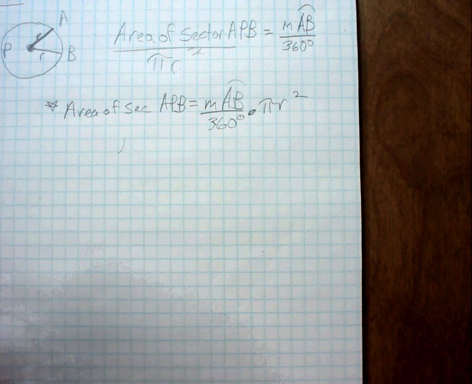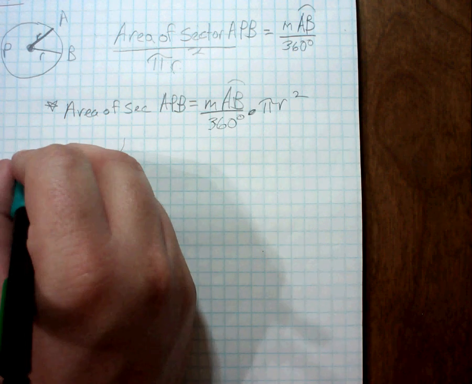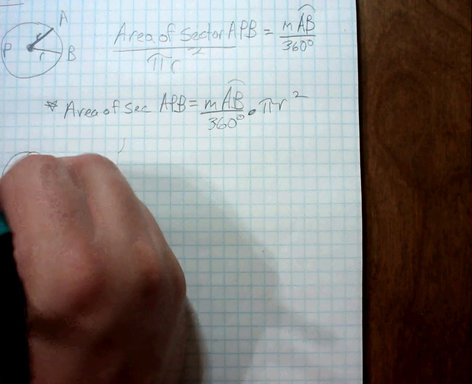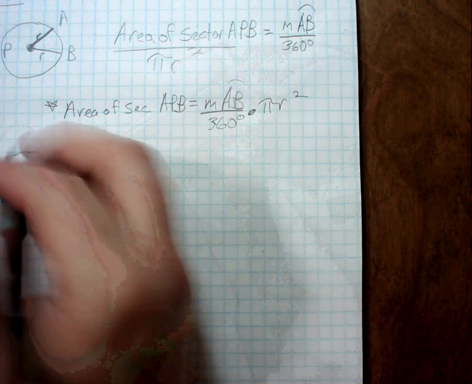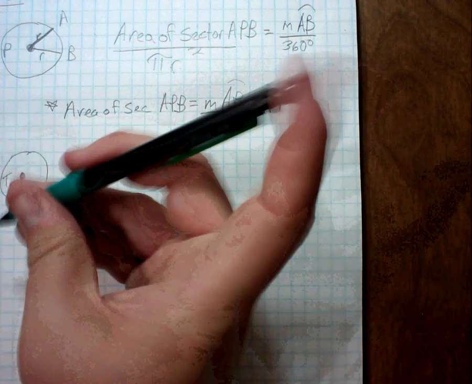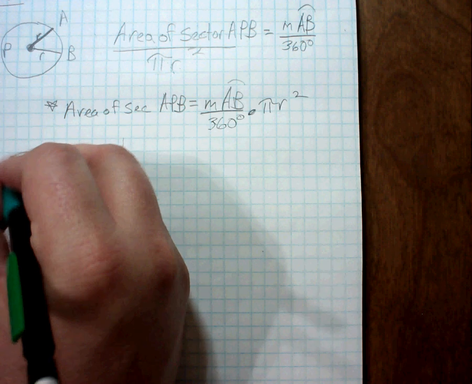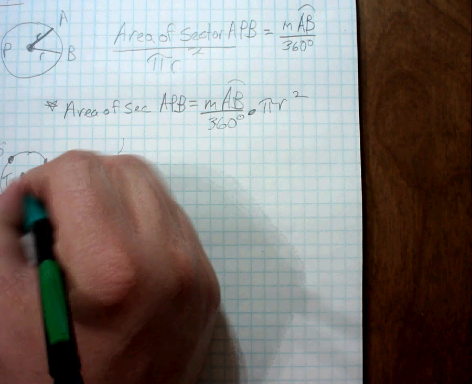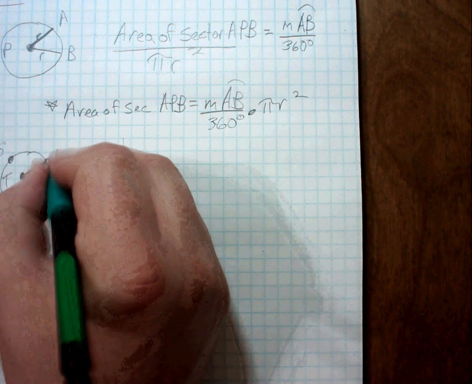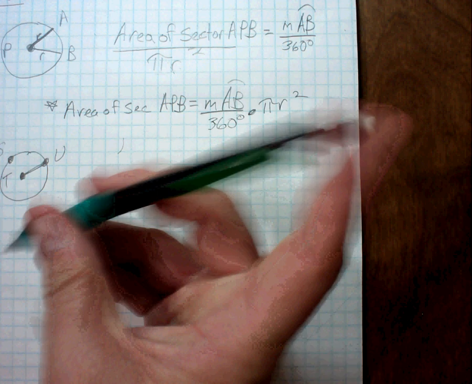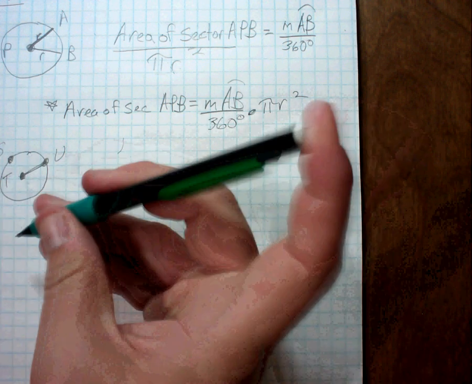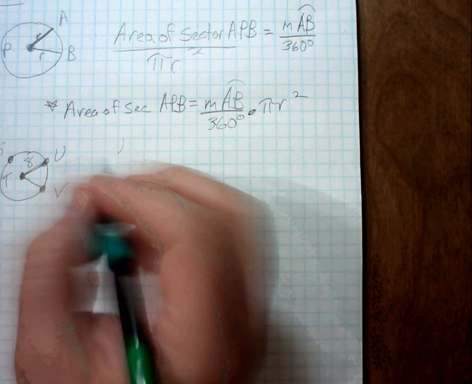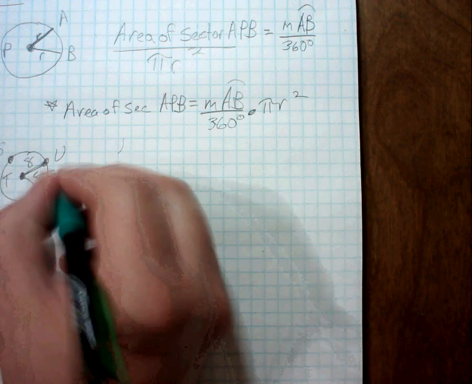Alright, so now for example number 3, we're given a perfectly drawn circle where the center is T. There's a point over here that's S, a point over here that's U, and a point over here that is V. The radius is 8, and this central angle is 70 degrees.